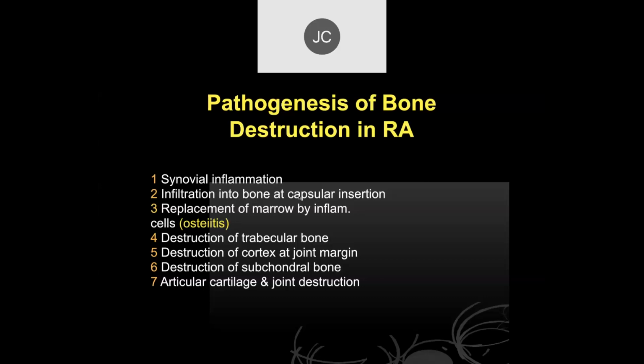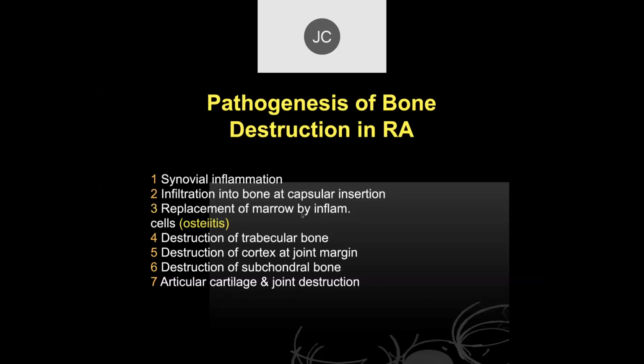probably because the inflammation starts in the synovium. The synovial inflammation either allows active biochemical molecules to diffuse into the bone at the synovial insertion, which then attracts inflammatory cells from the vascular system into the bone next to the capsular attachment, or there's a direct infiltration of inflammatory cells from the synovium through the cortex of the bone into the adjacent bone.